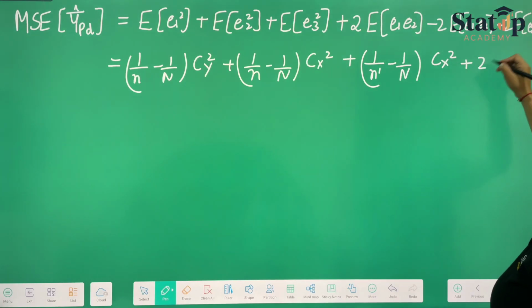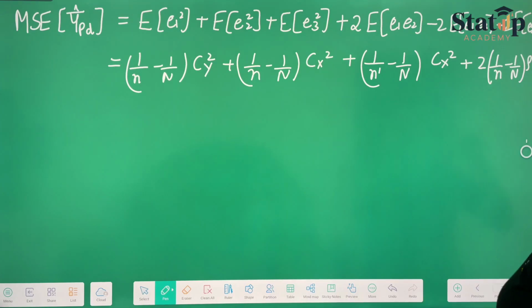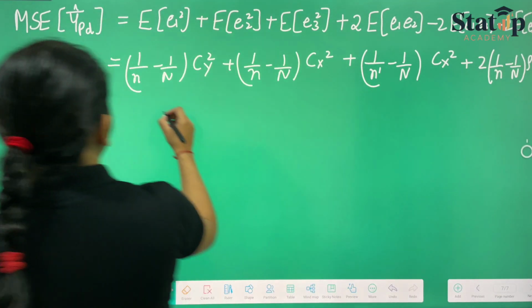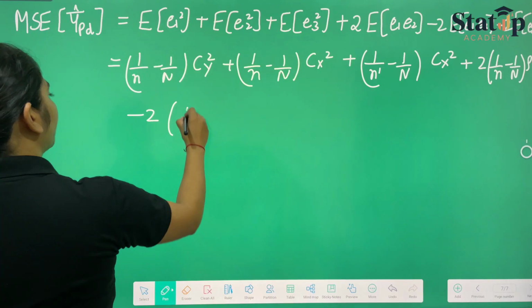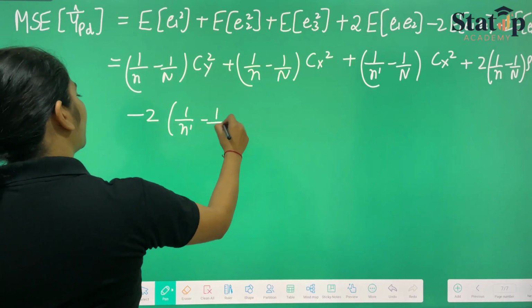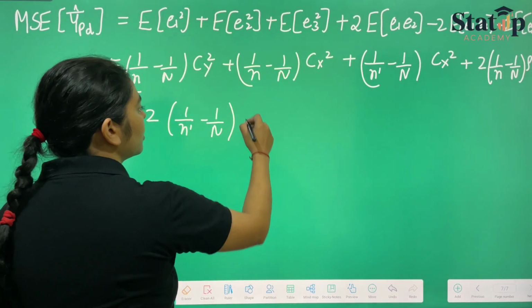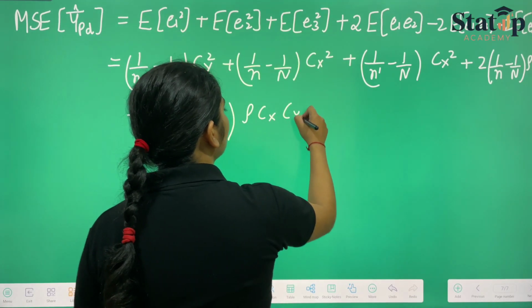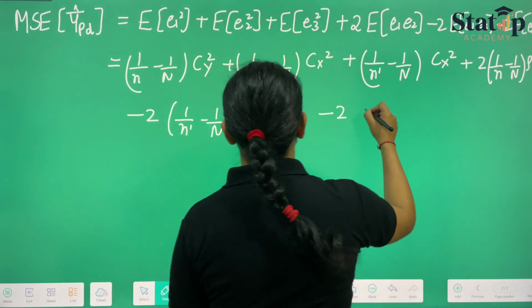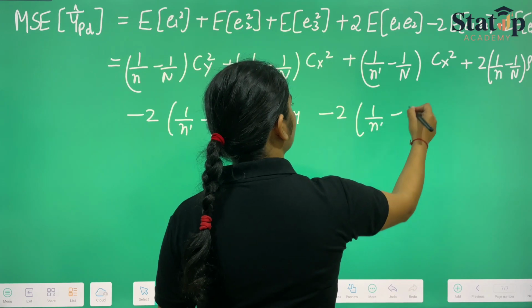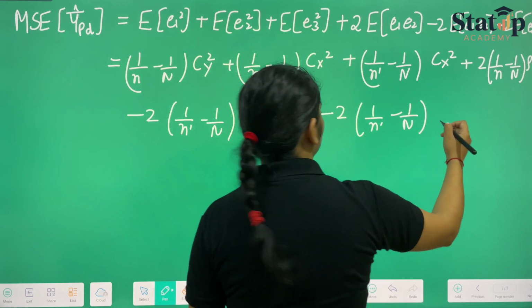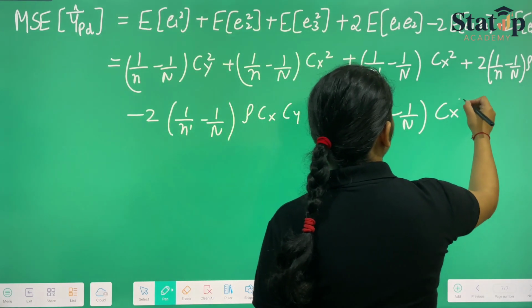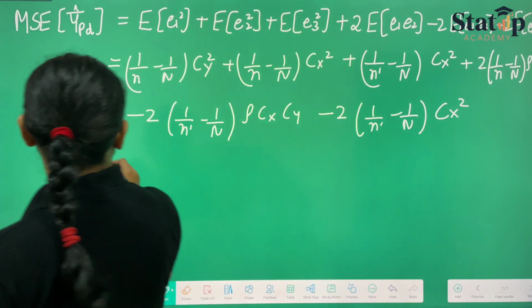Now plus 2 1 upon n minus 1 upon capital N rho Cx Cy minus 2 1 upon n prime minus 1 upon capital N rho Cx Cy minus 2 1 upon n prime minus 1 upon capital N Cx square. Now taking the common terms.